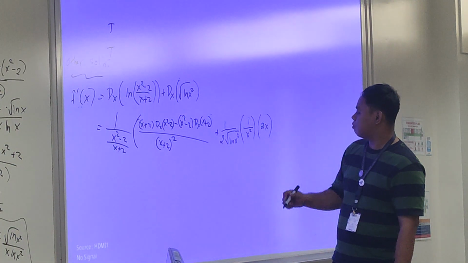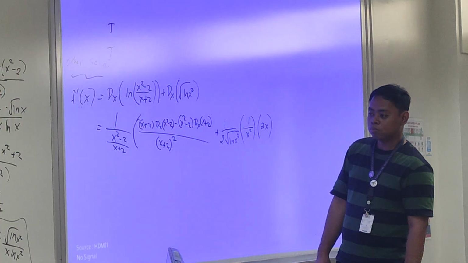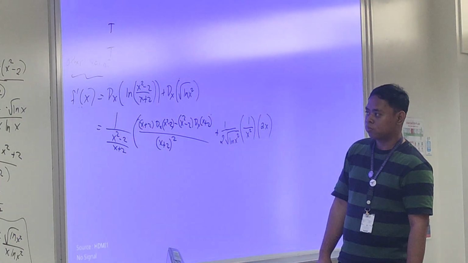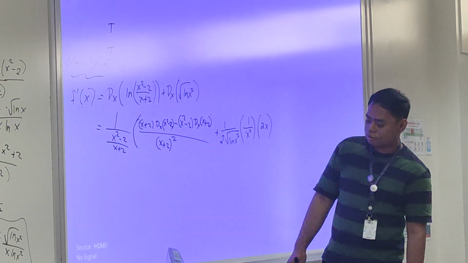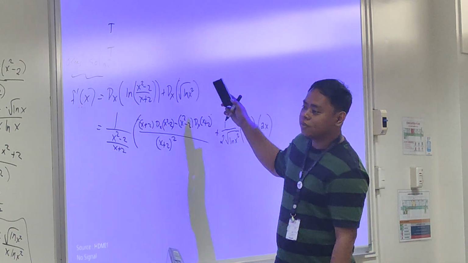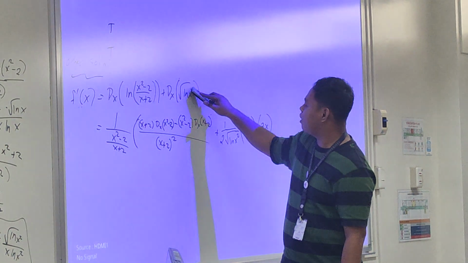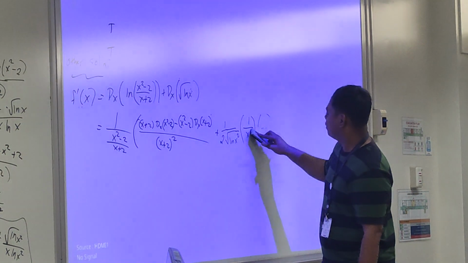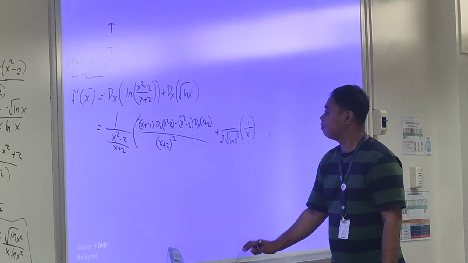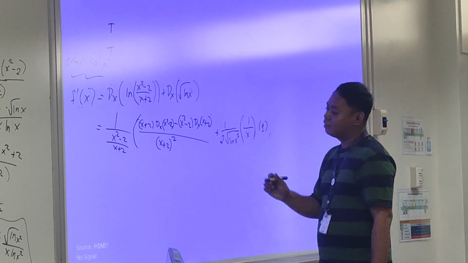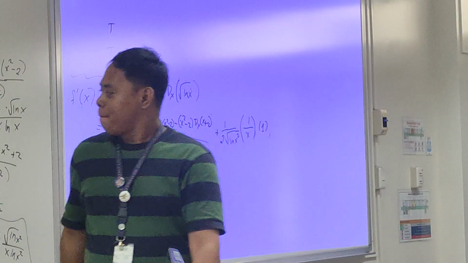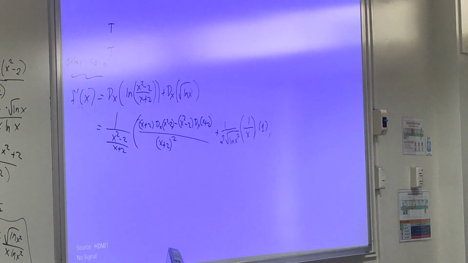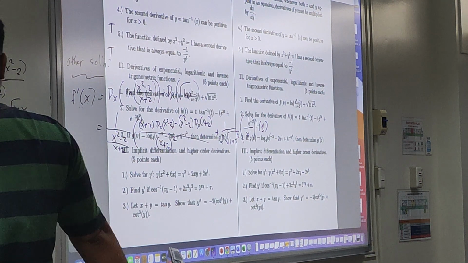Sir, bakit daw walang x squared sa ln of x squared sa first? Ln of x squared. Baka wala. Nga kasi sa problem ln of x squared. Ano nag-siya x squared? Property sa ln?